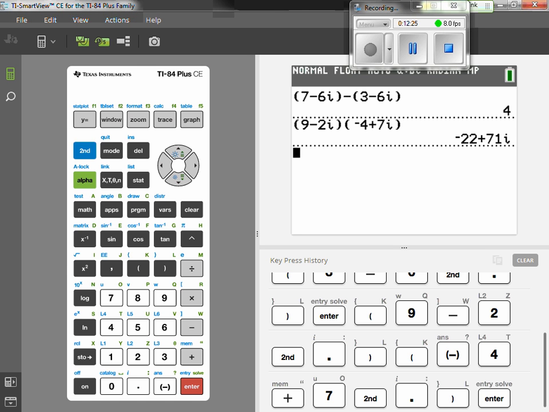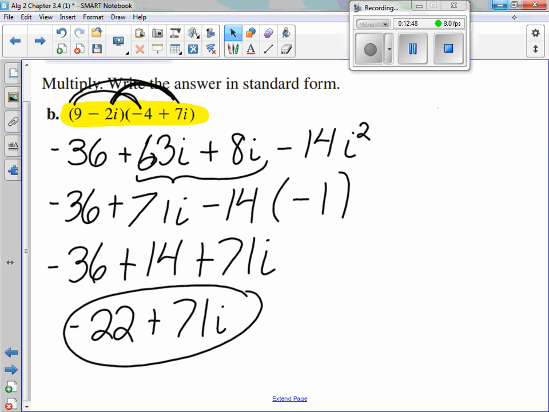It's good to see how to do it. But for our case in point, the graphing calculators will do this for us. So any questions on this here? What we've seen so far is, with addition, subtraction, and multiplication, the graphing calculator will do it for us. It's kind of nice, isn't it?